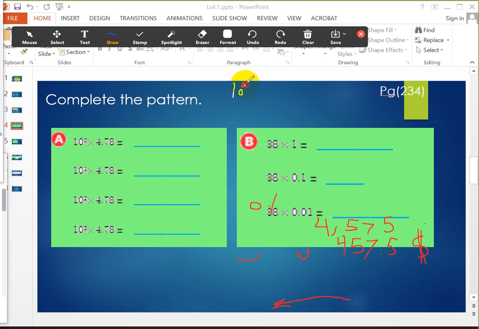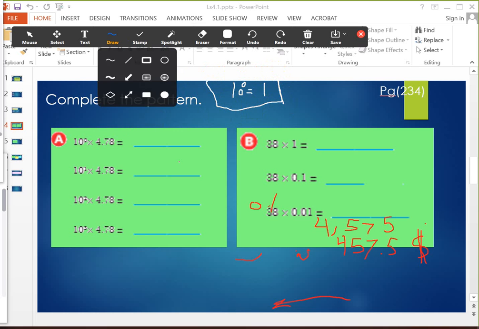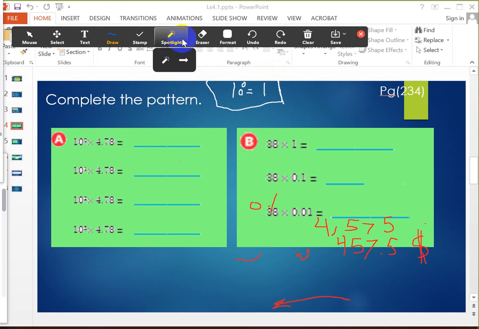Okay, you remember I told you 10 power 0 equals what? 10 power 0 equals 1. Thank you, Emma. Excellent. Equals 1. And thank you, Larissa. So any number with power 0 equals 1. This is a law in math.